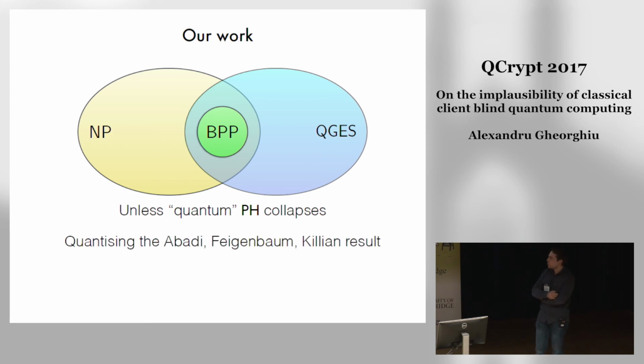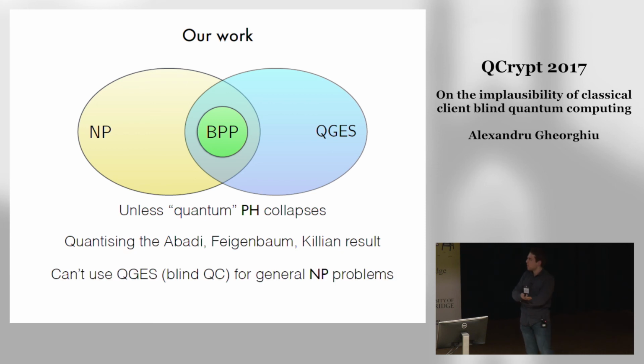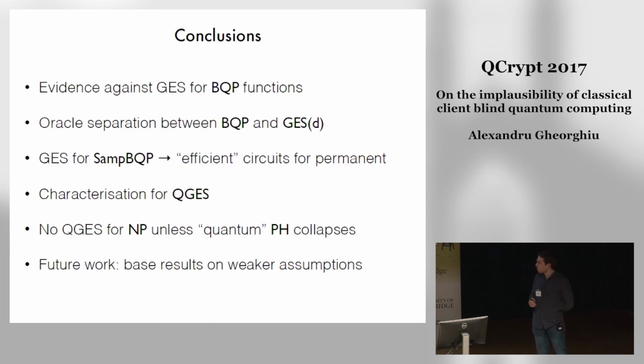So this can really be viewed as quantizing the Abadi et al. result. And as I said, it basically shows that we can't use these quantum generalized encryption schemes like blind quantum computing to delegate general NP problems to a server unless we're willing to compromise in other respects, like increase the communication to super polynomial or something like that.